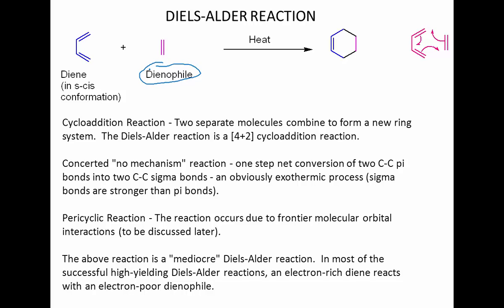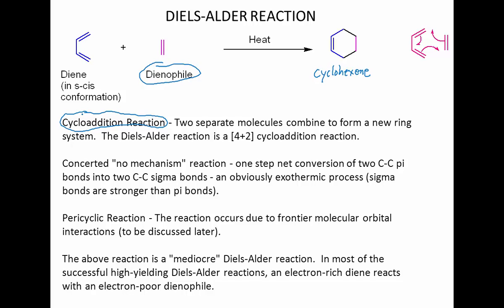Okay? When we heat these two together, we get a cyclohexene ring. Okay? All right, we call this type of reaction a cycloaddition reaction. What a cycloaddition reaction means is that we're taking two separate molecules, and when these molecules combine, they form a new ring system.